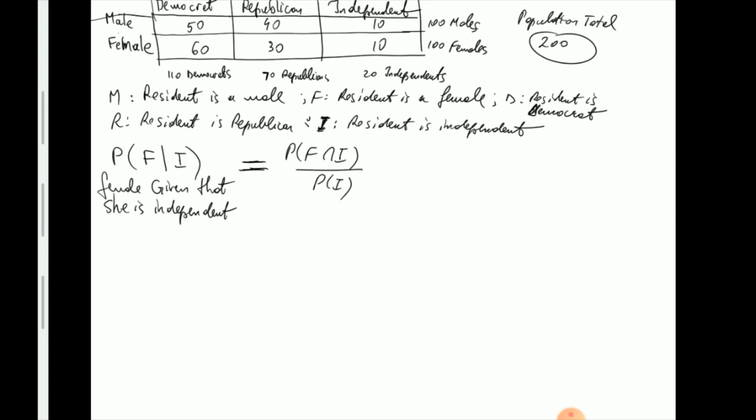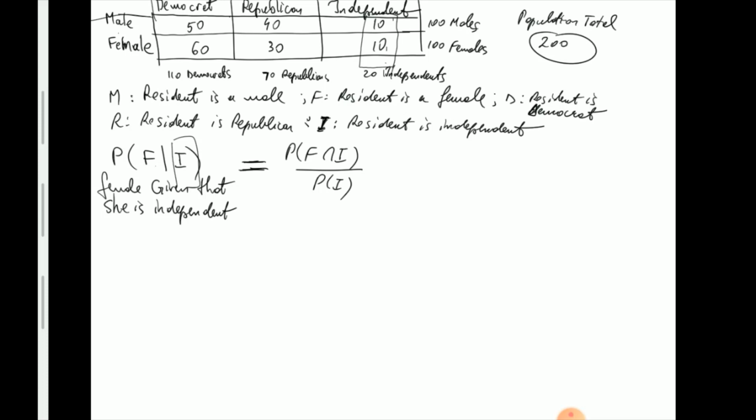Directly from the table, you look at the given part. So you start with the given part. If I give you that you picked an independent, this is the probability of female given that she is independent. Once I am given that I picked an independent, I only look at the independent column, everything else doesn't matter, and I look at the distribution between females and males in that column.